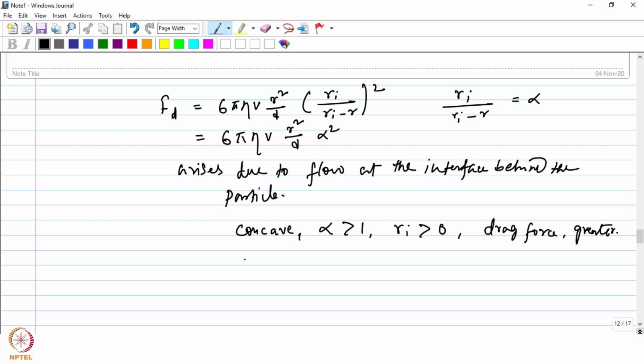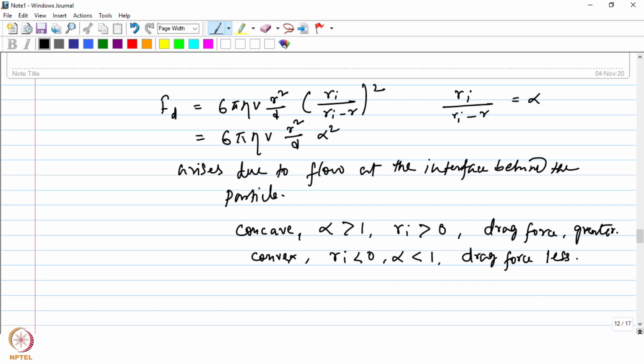On the other hand, for a convex interface, that is when Ri is less than 0, corresponding to alpha less than 1, the drag force is lower compared to a planar interface.